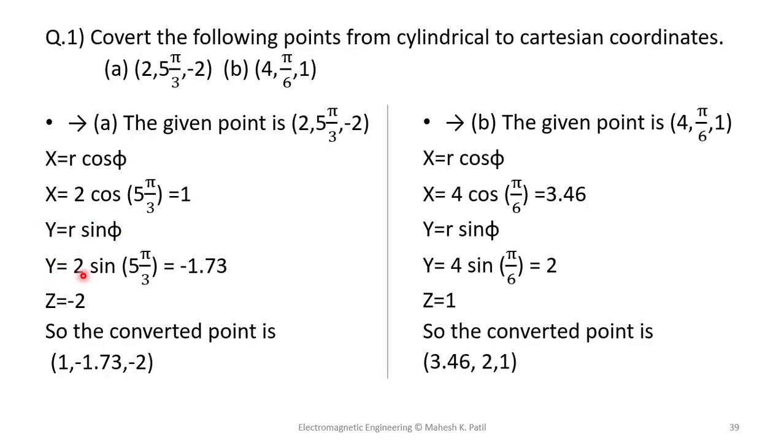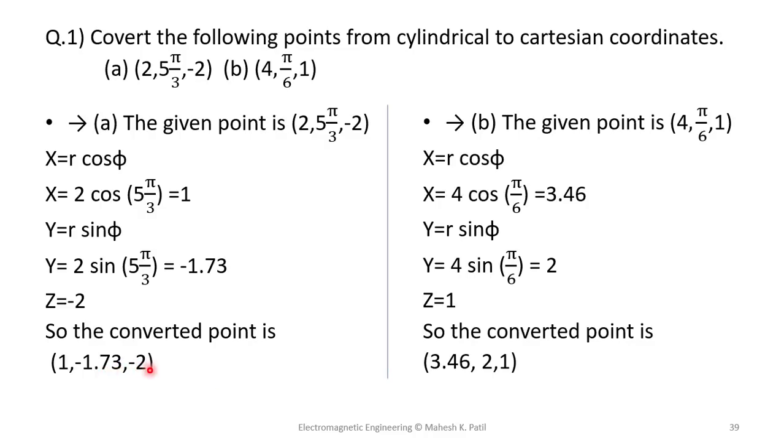So y will be 2 sin 5 pi by 3. So it comes as minus 1.73. So y value is negative value, that is minus 1.73, and z value as it is, that is minus 2. So the converted point will be 1, minus 1.73, minus 2.